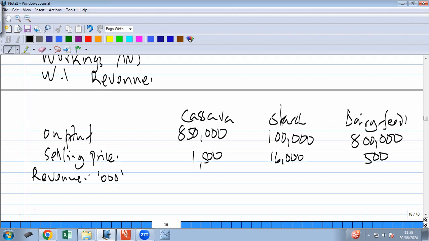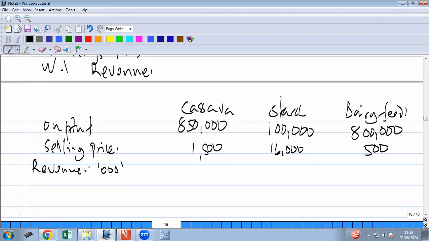Someone can multiply for us 850,000, we do very fast. 1 million. Like this, you divide it with thousands because we are cutting off 3 zeros.